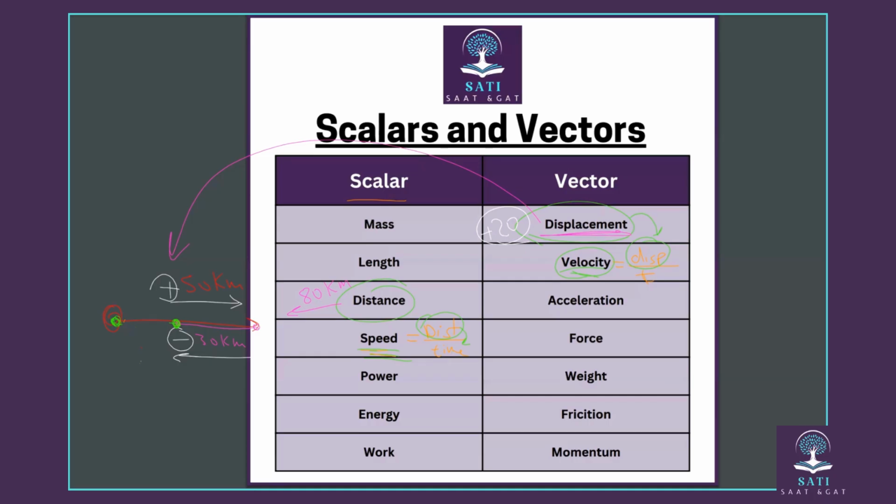Scalars you just add regardless of the direction, but for vectors you give one sign positive, one negative, then you add them, or you find the resultant by Pythagorean theorem if they are at 90 degrees, and we're going to study that in detail with vectors in math.